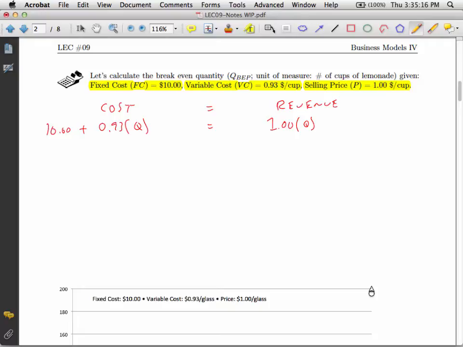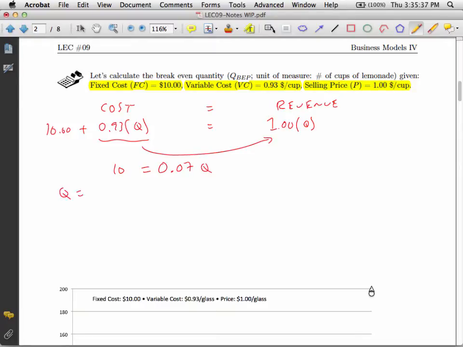And the question is, where are we equal? Where are we indifferent between our cost and our revenue? So we have our Q terms here. We can bring this across and have $10 on this side, and $1 minus 93 cents is 7 cents.